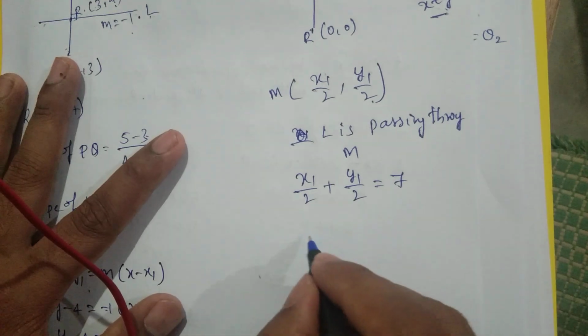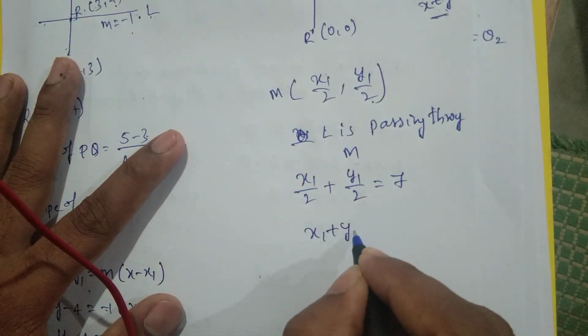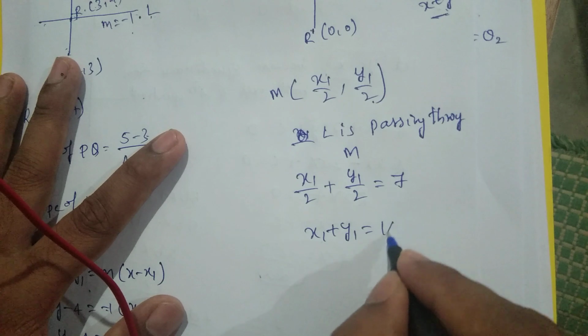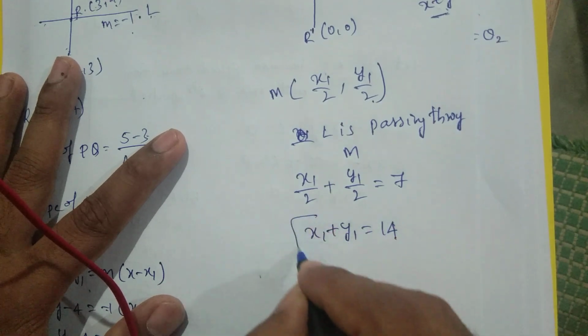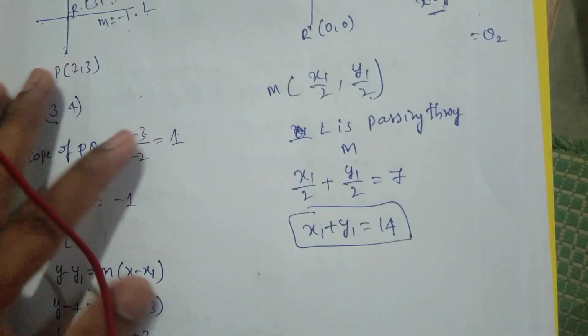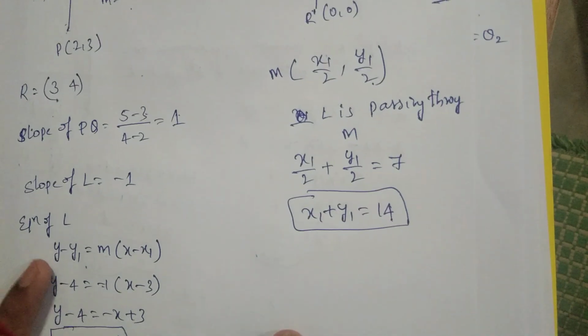Now I will take the LCM: x1 plus y1 equals 2 sevens are 14. This is one relation. Keep it as it is.